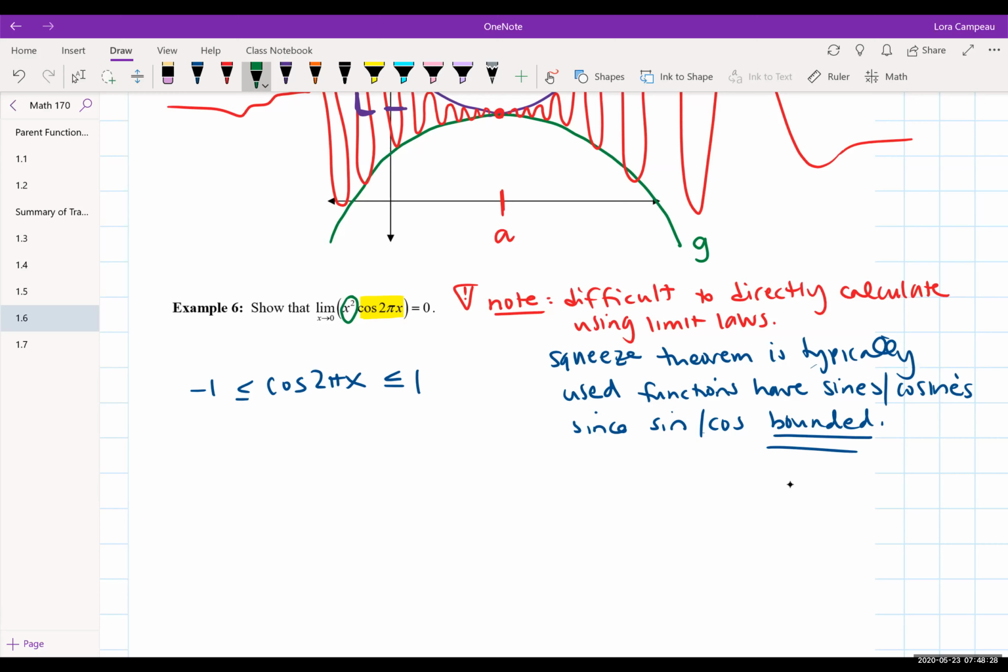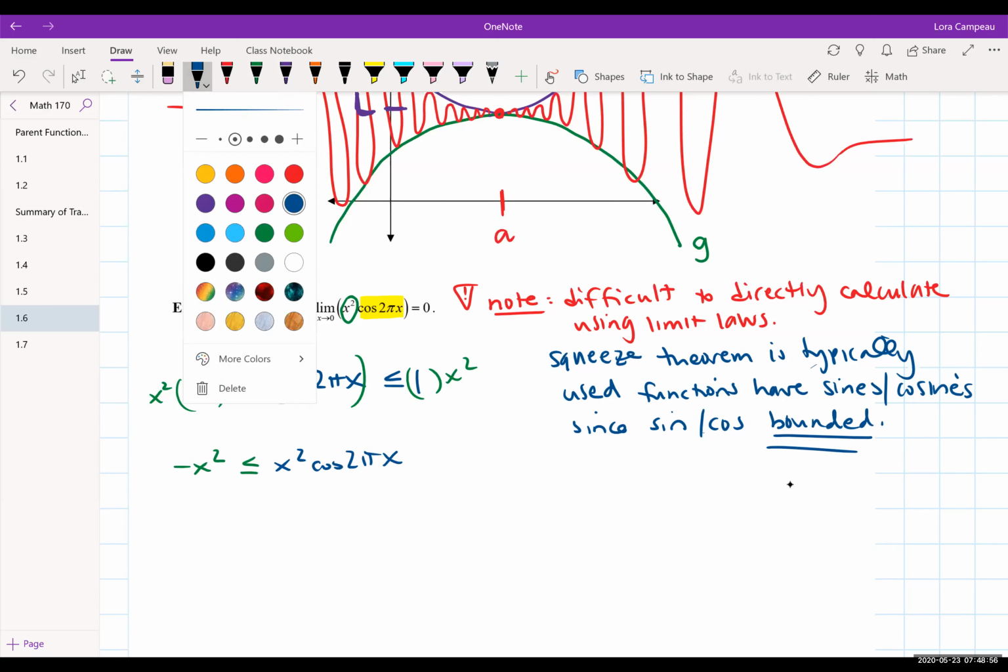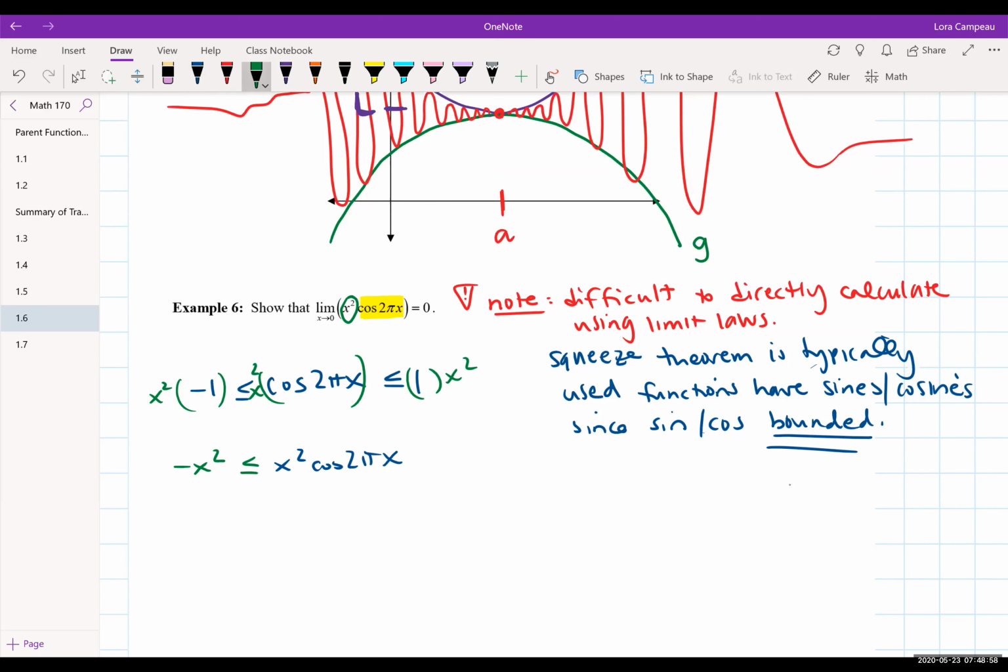You can see that if you multiply the inequality by x squared everywhere, x squared multiplied here, here, and here, you're going to get -x squared less than or equal to x squared cosine 2 pi x less than or equal to +x squared.